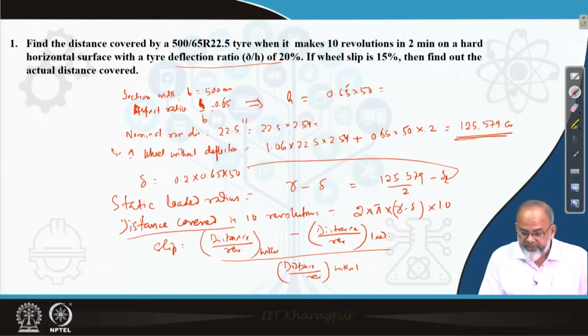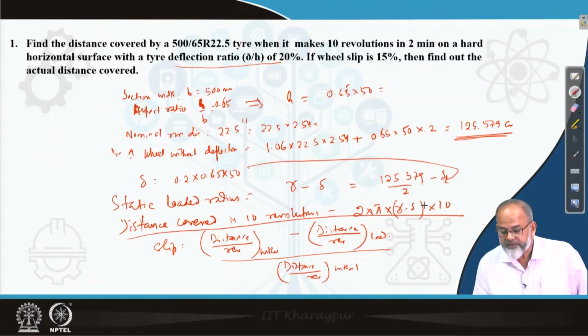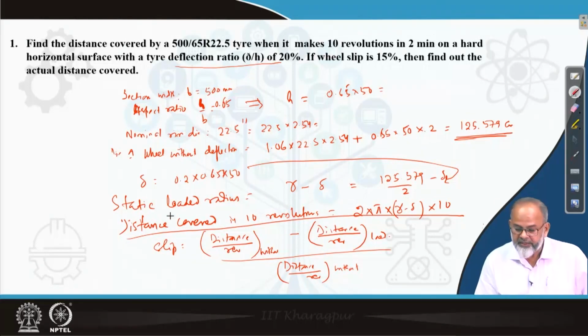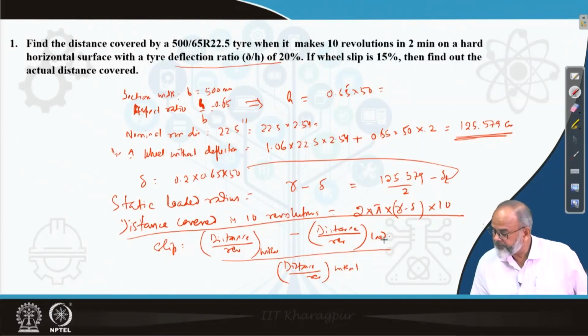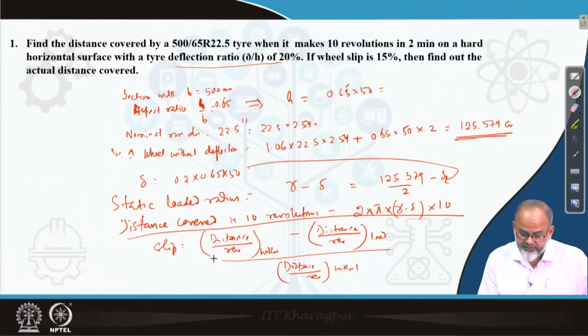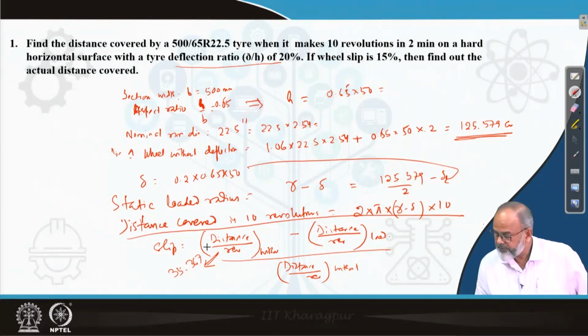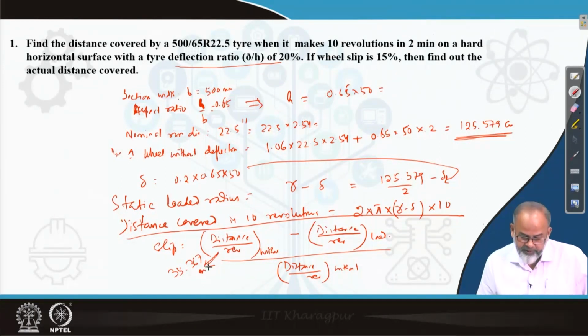So the distance you are getting here is the distance without load. For 10 revolutions you are getting this much. In one revolution, just divide by 10. So you will get around 35.367. So the distance per revolution without load will be around 35.367. Sorry, this is in meter.